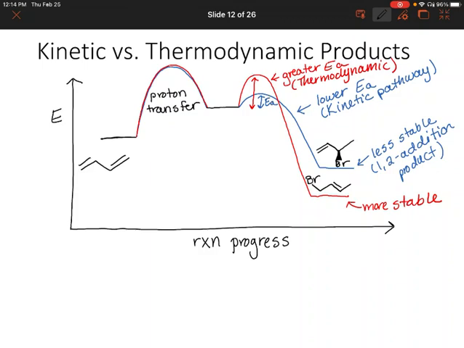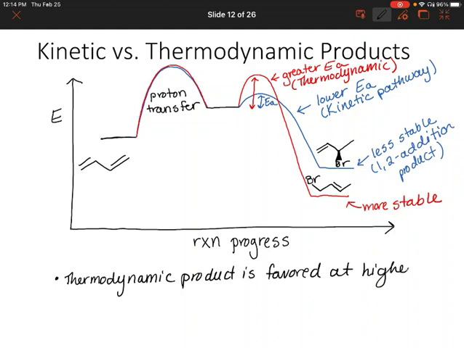Okay, so again, just to summarize, the thermodynamic product is favored at higher temperatures due to greater activation energy.